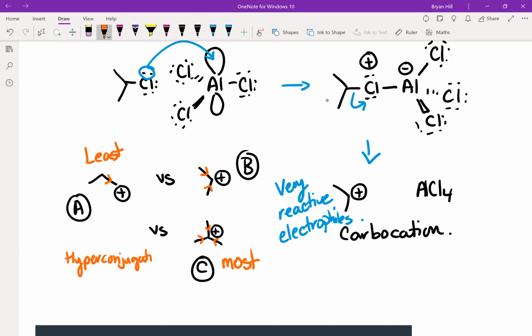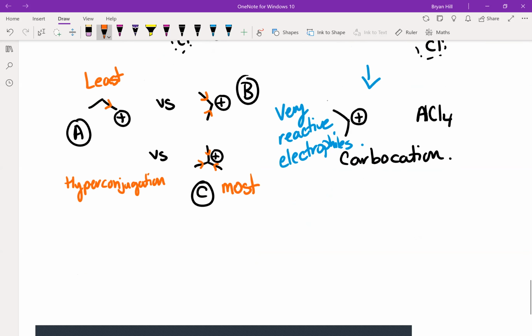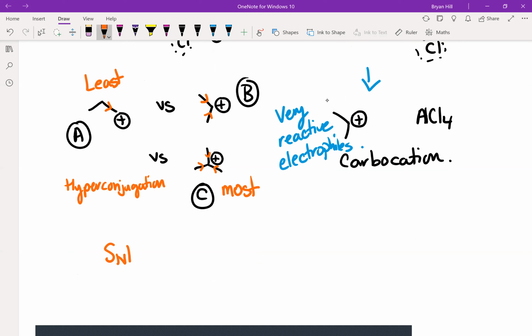Now, when we did our SN1 versus SN2, we basically said in that part of the course, you don't form primary carbocations because they're too reactive. I mean, they're too high in energy. So you could have a tertiary or a secondary carbocation, but you really wouldn't find a primary or a methyl.